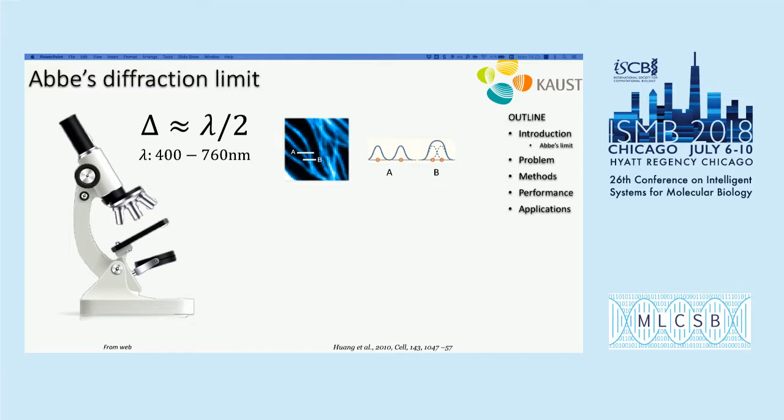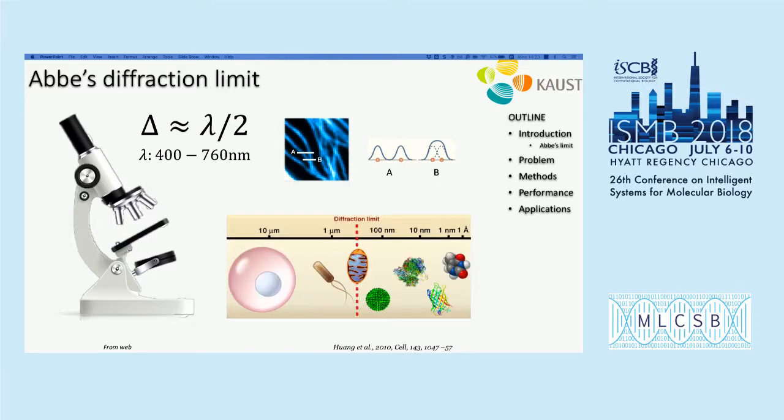We can see that the distance between the 2 points pointed out by the A line is large enough, so we can see clearly there are 2 points across the microtubule. But for the 2 points pointed out by the B line, because their distance is so small, we can't see confidently whether they are 1 point or 2 points. Which means the structure around the B line is not resolved.